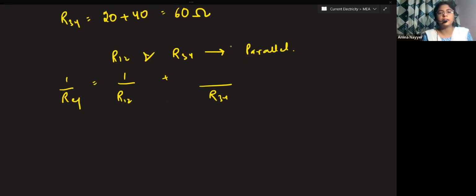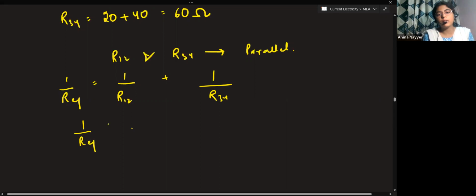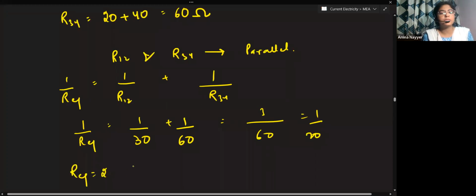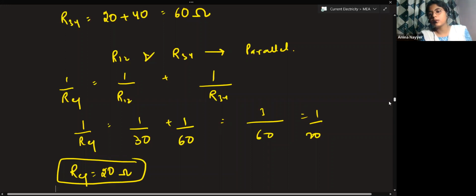Yes, that's right. So 1 by R equivalent becomes 1 by 30 plus 1 by 60, which is 3 by 60. So this becomes 1 by 20, and R equivalent becomes 20. All right. So those who haven't written, just note it.